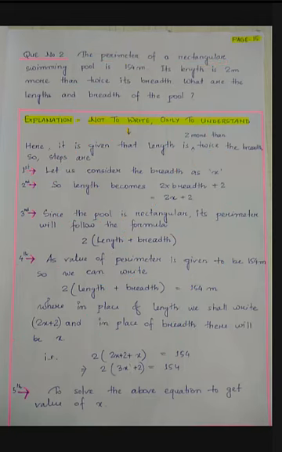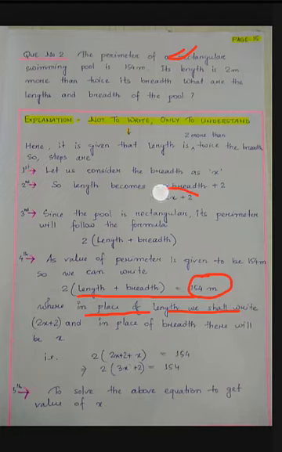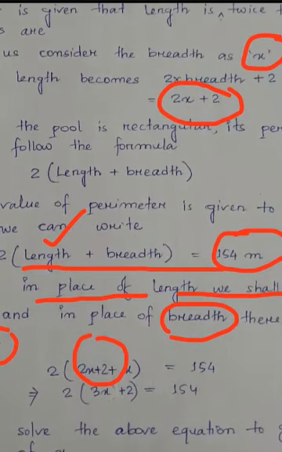Therefore, 2 into (length plus breadth) is equal to 154 meters, which is already mentioned in the first sentence of this question, where in place of length we shall write 2x plus 2, the value which is already determined, and in place of breadth we shall write x, which is already assumed in the first step.